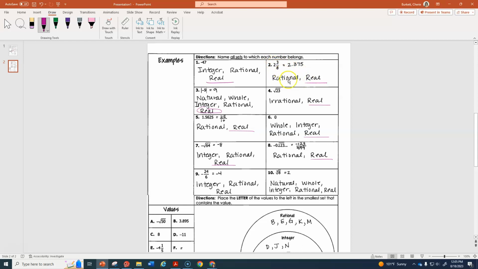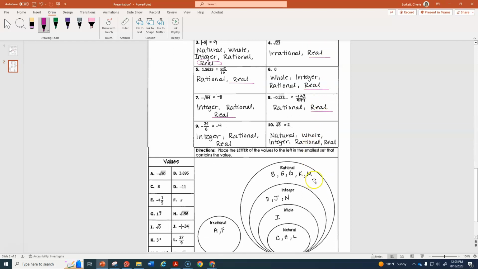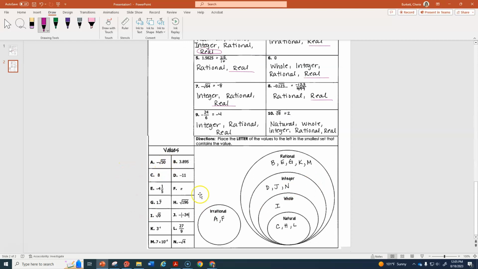It is a fraction, so it's rational, and that's as far as we can go since it has a fraction, and you can look at the decimal value or the fractional value, either one. They're showing you the decimal value right here to prove to you that it is a terminating decimal. It stops.